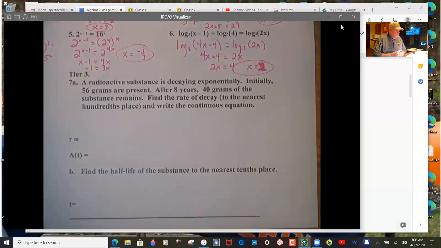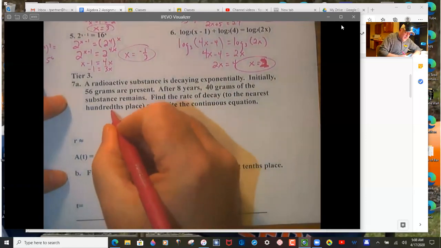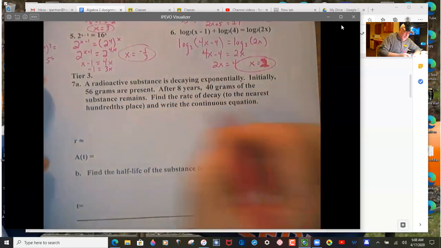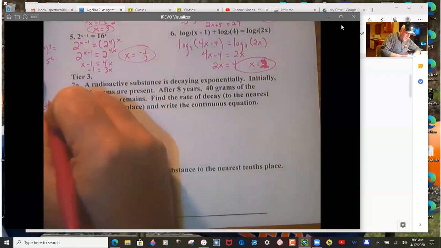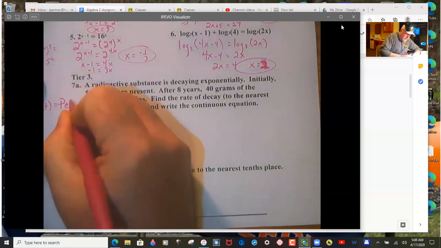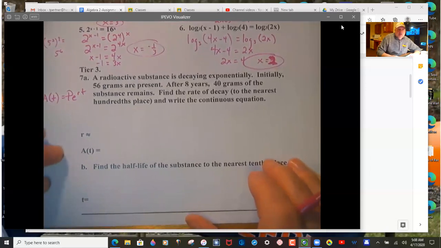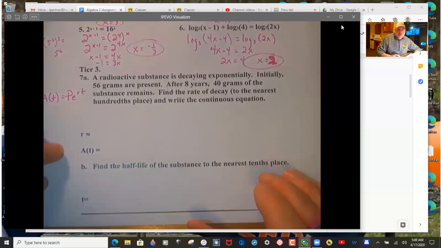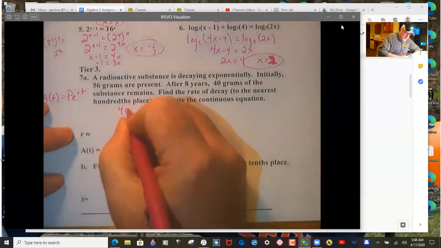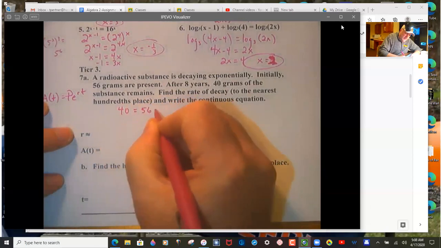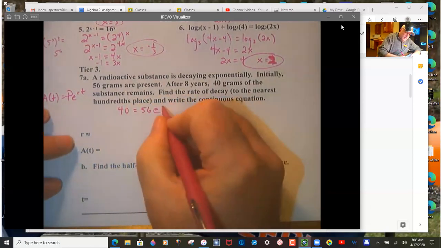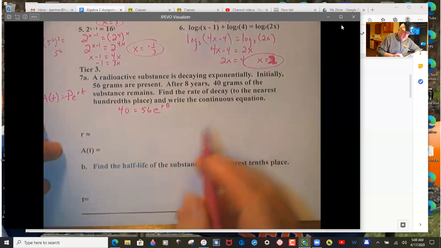All right, 7 is what we did yesterday. And pretty much you want to use this formula here, the Pert formula. And so you want to substitute everything in that you see there to solve for R. And yes, the steps are exactly as we learned yesterday.